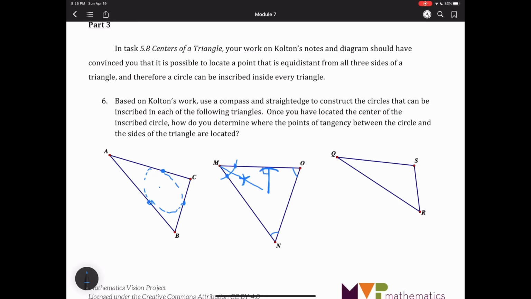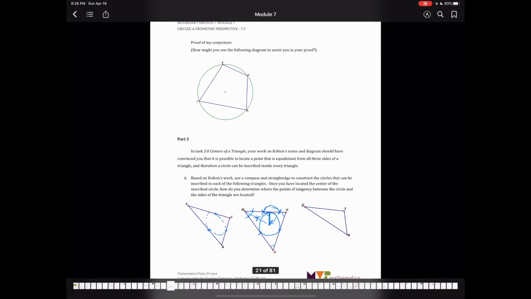Or you can also use your compass and create a hash like this from this center point here, and then create the perpendicular bisector of that segment, and that will be a perpendicular line that intersects this point, okay? So that's one thing you can do as well. But either way that you choose, this is now the radius of your circle. So use your compass at that radius, and it should just barely touch each side. It will be just tangent to each side of your triangle. Okay, and you can do that with all 3 of those triangles. So you'll want to do that as well.